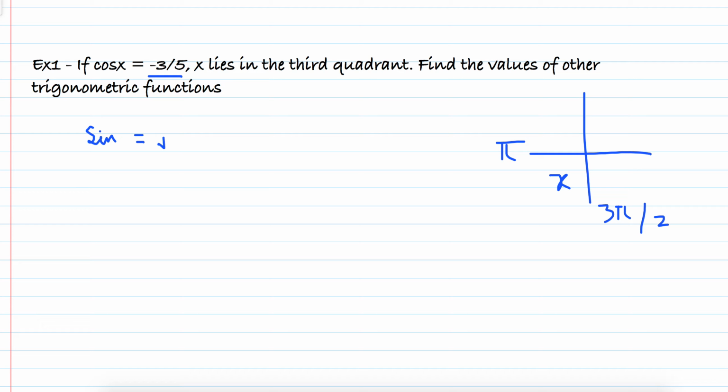So sine x will be the square root of 1 minus cos square x, because sine square plus cos square is 1.